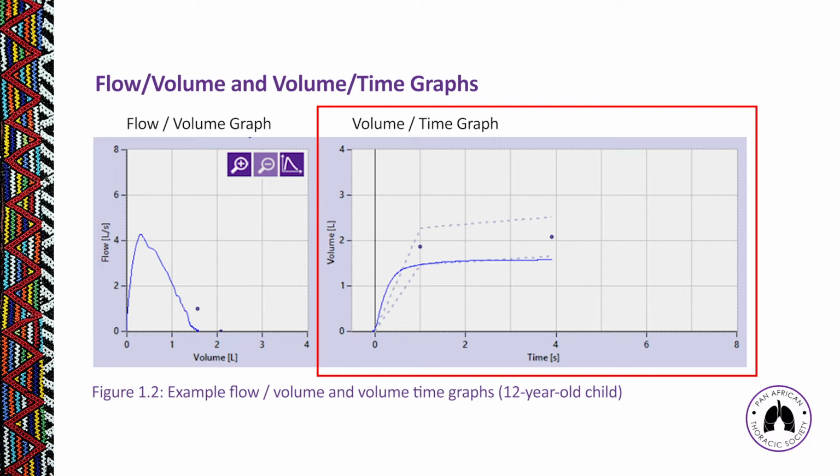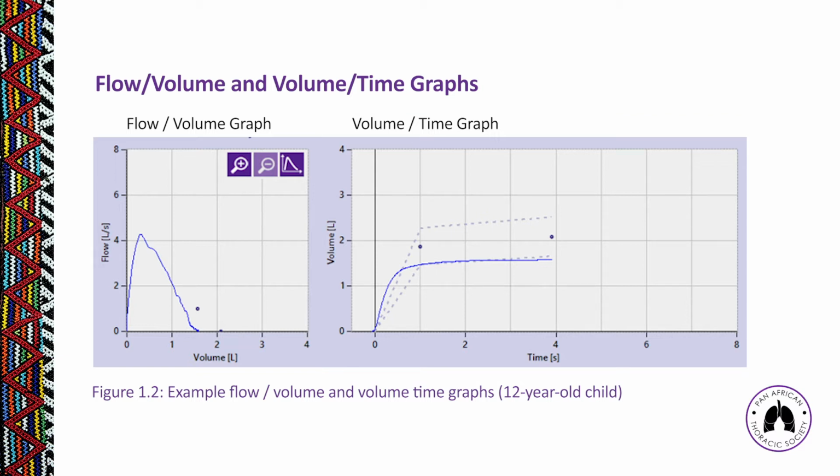If you look at the y-axis of the graph on the right-hand side, and you take the end point of the test and look across at the y-axis, you can see again that this child blew out just more than 1.5 liters of air. So the FVC, the forced vital capacity in this child, is roughly 1.5, 1.6 liters of air.